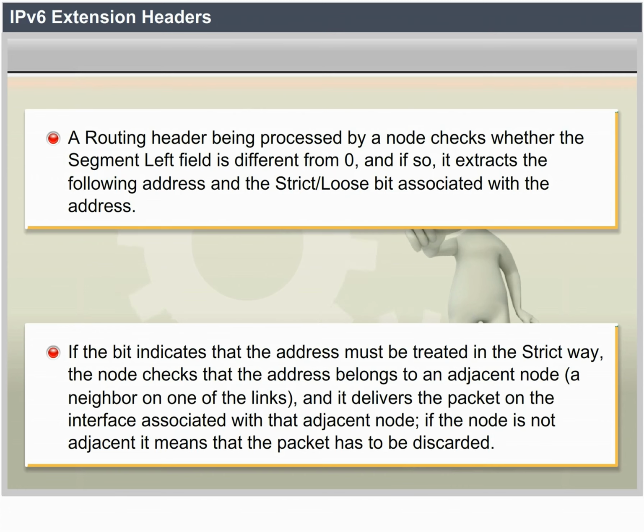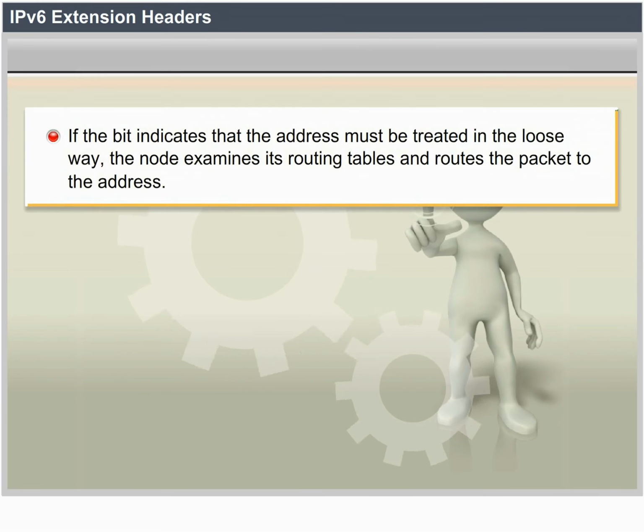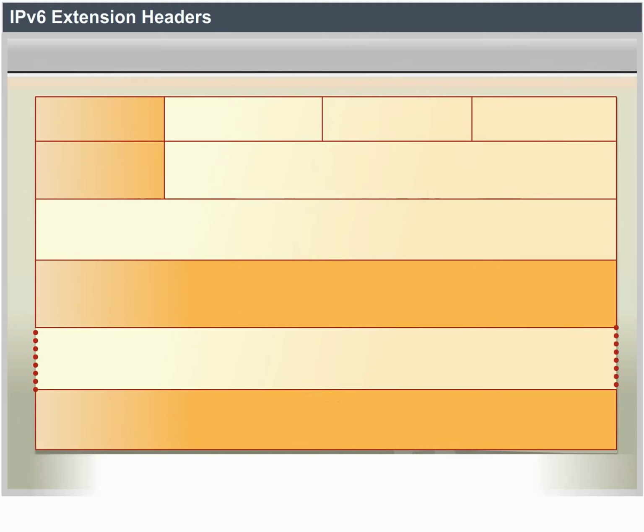If the node is not adjacent, the packet is discarded. If the bit indicates that the address must be treated in the loose way, the node examines its routing tables and routes the packet to the address. Figure: Type 0 routing header.